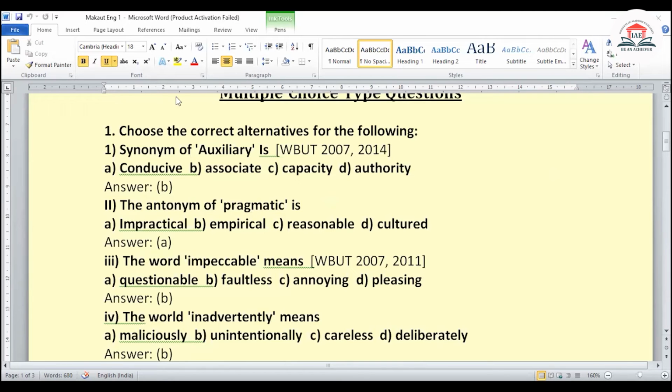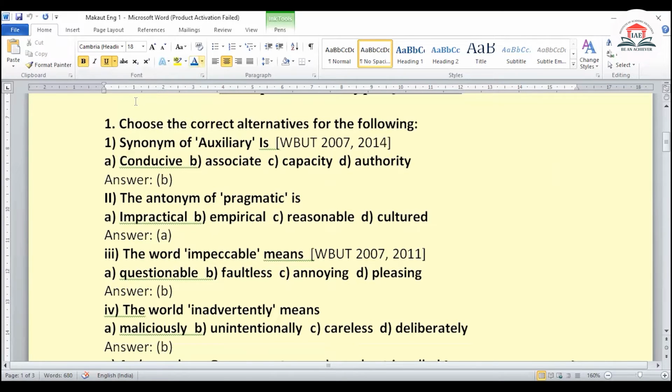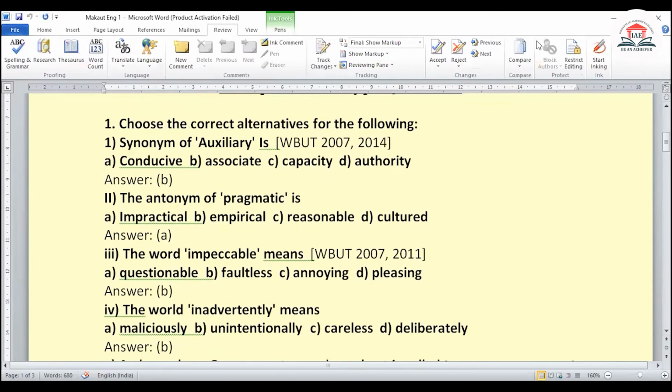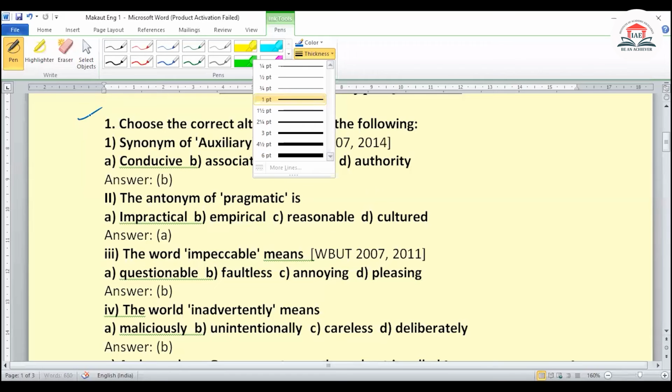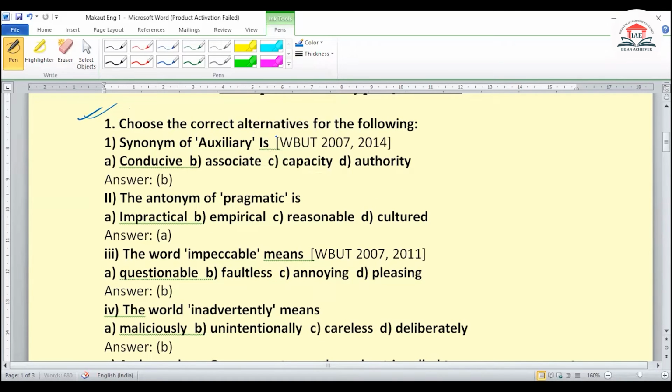Now, this is your organization. Right. Choose the correct alternatives for the following. Now, synonym of auxiliary is what? Get very fast to answer it. It is the original question paper.